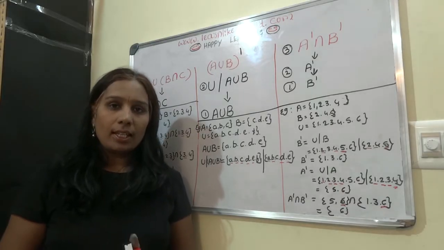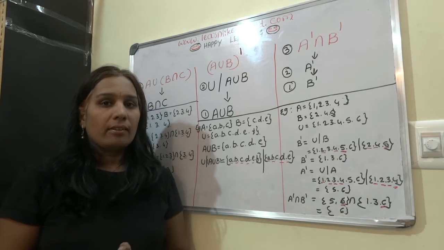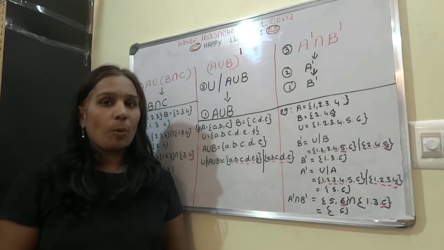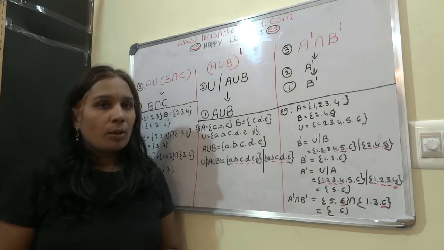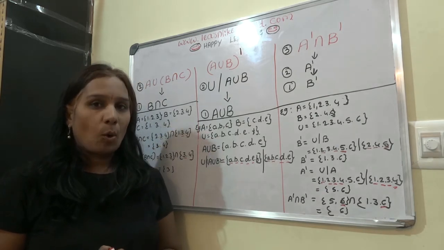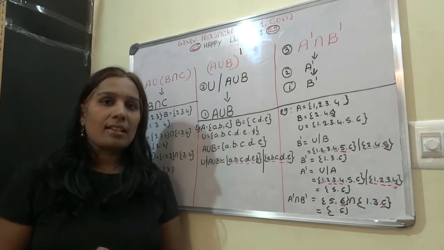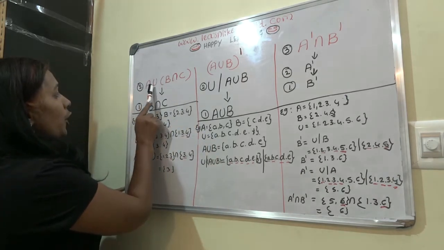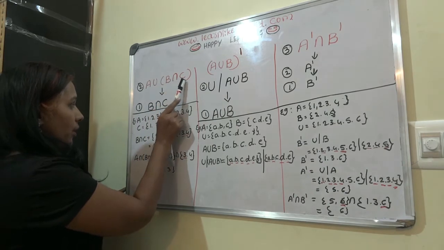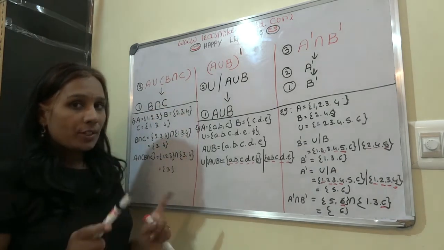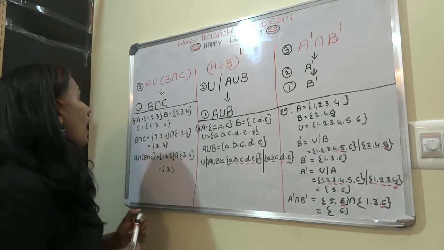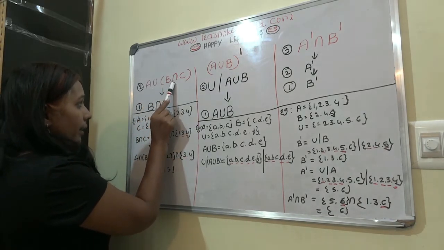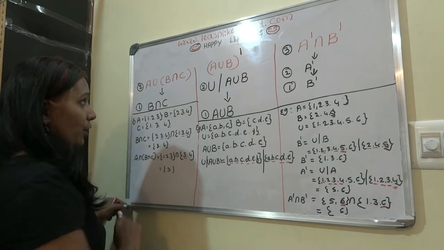Now we will see the second concept, that is the concept of performing multiple basic operations on sets. Before performing multiple operations, first let us analyze the question, that is here A union B intersection C. 2 operations are given; union is the final operation and intersection is the first operation.